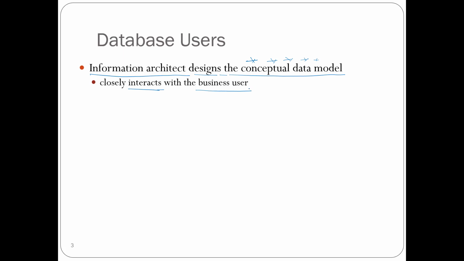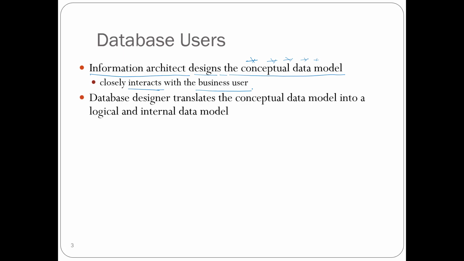And we learned about the role of the conceptual data model, why it is important and all. But yes, the information architect is the user, or the database user, you may call it, who designs the conceptual data model, but that design will be on the basis of the interaction of the information architect with the business user.